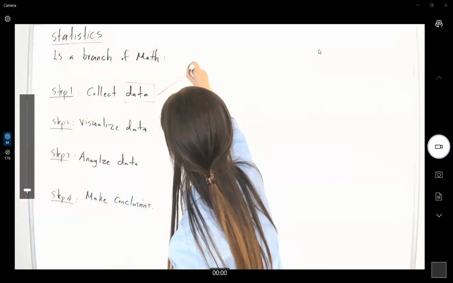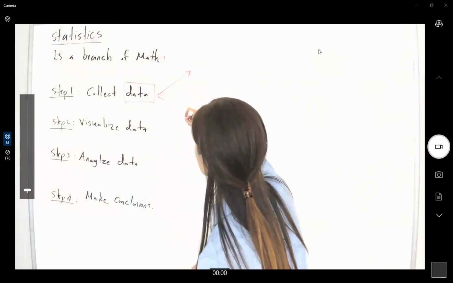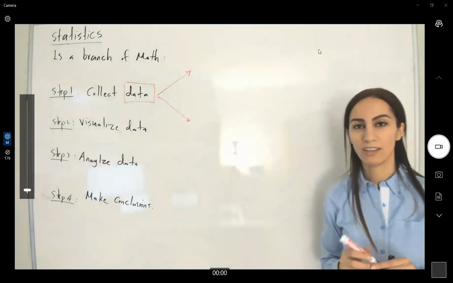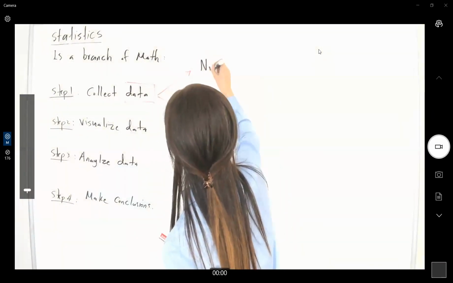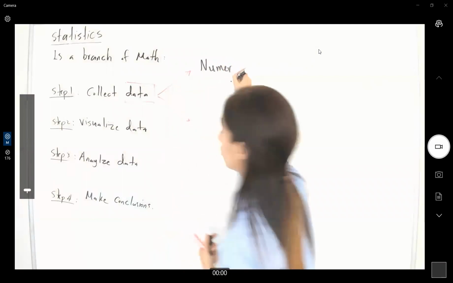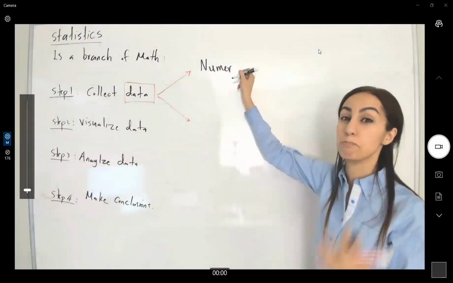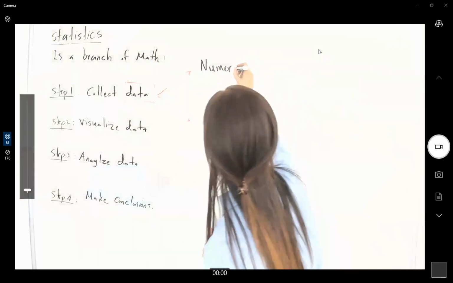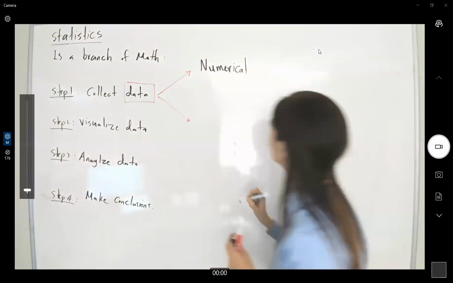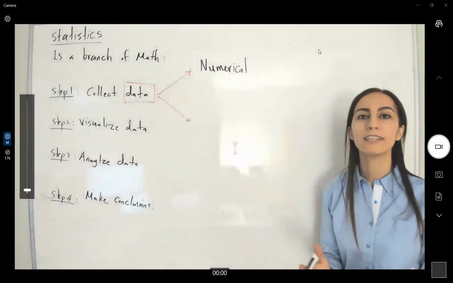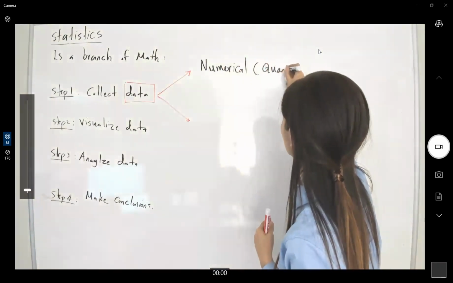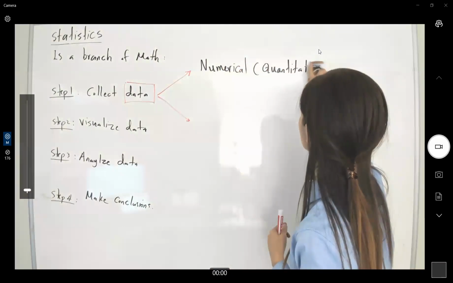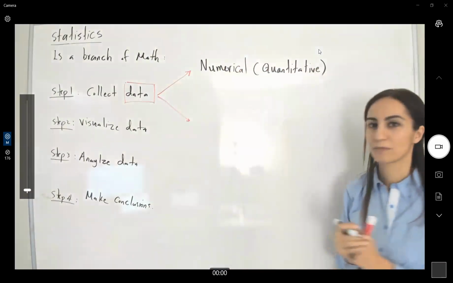The first category is called numerical, meaningful numbers. Numerical or quantitative. Quantitative data.